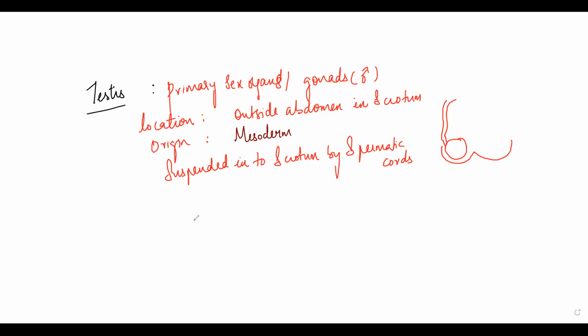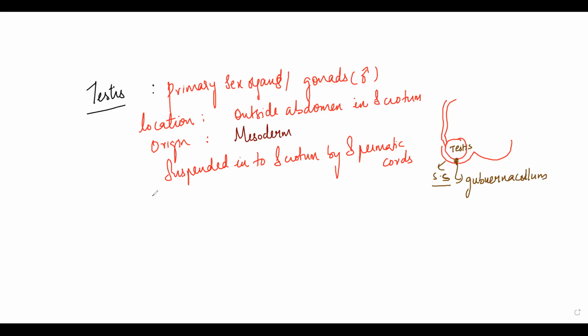Another thing is, the testis is connected to the wall of the scrotum. How is this connected? It is connected by a fibromuscular band, which is the gubernaculum. So this is your scrotal sac, and these are your testes.